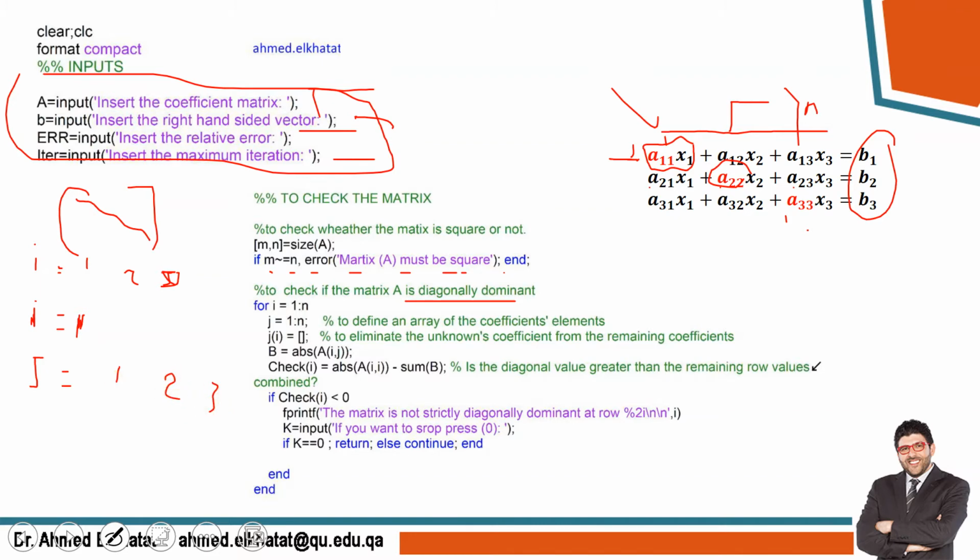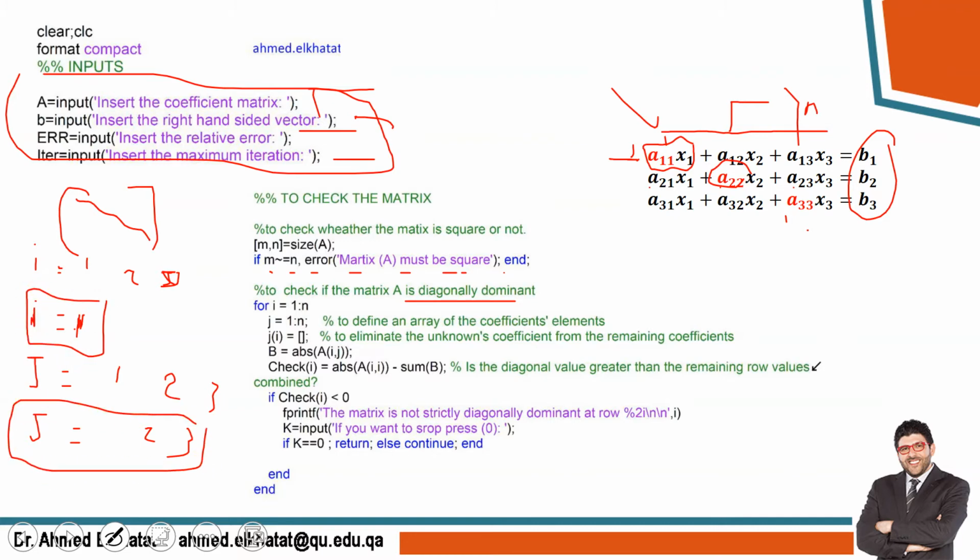Then we cancel j(i) equal empty. That means we extract i, which is here 1, so j will be only 2 and 3. Perfect. So here we have i equal 1 and j equal 2 and 3.